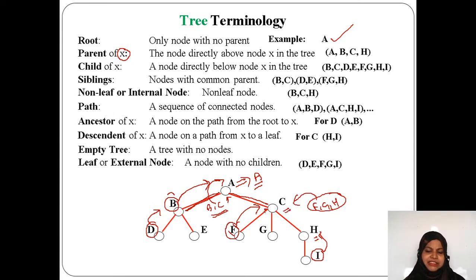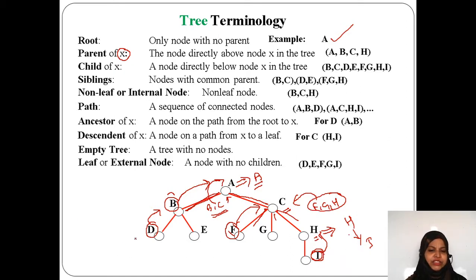Because these 3 are directly below that particular node. That's the reason these 3 are known as the children of the C node. Here in this case, I is the child of H. Right? Why? Because I is below H.